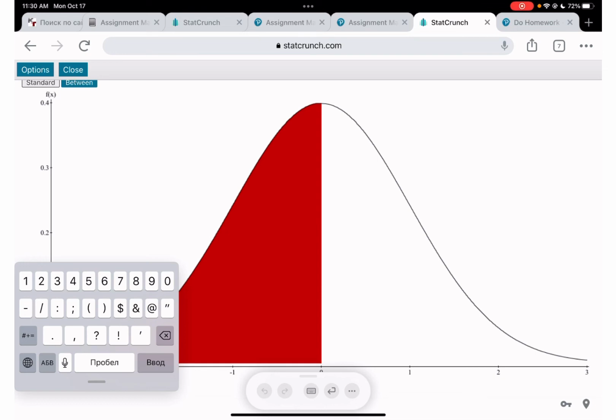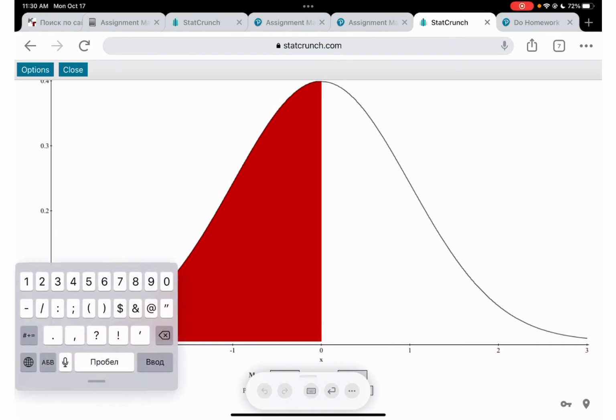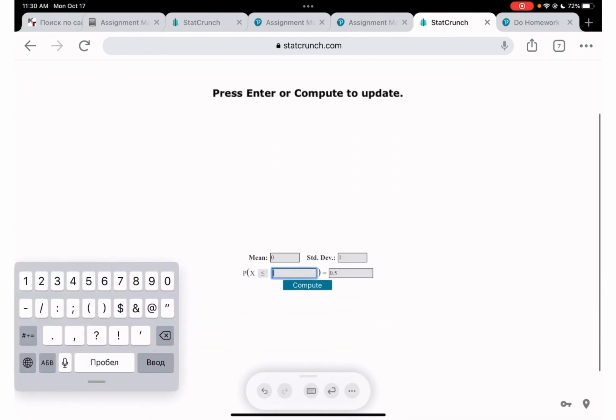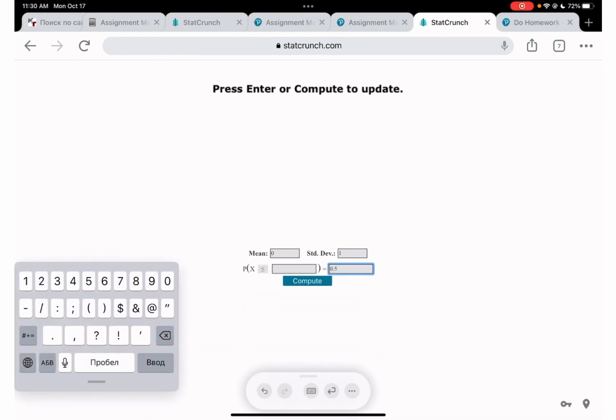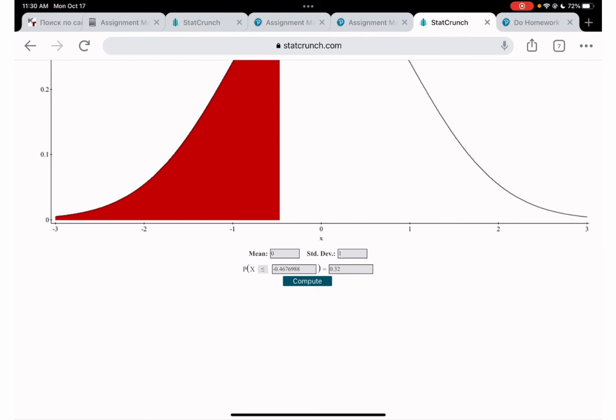Oh, I need to use it for probability here, of course. Let me clean this. Okay, and here I have to enter 0.32. And I'm using less than because we have on the left side, right? And compute. Come on, there we go.